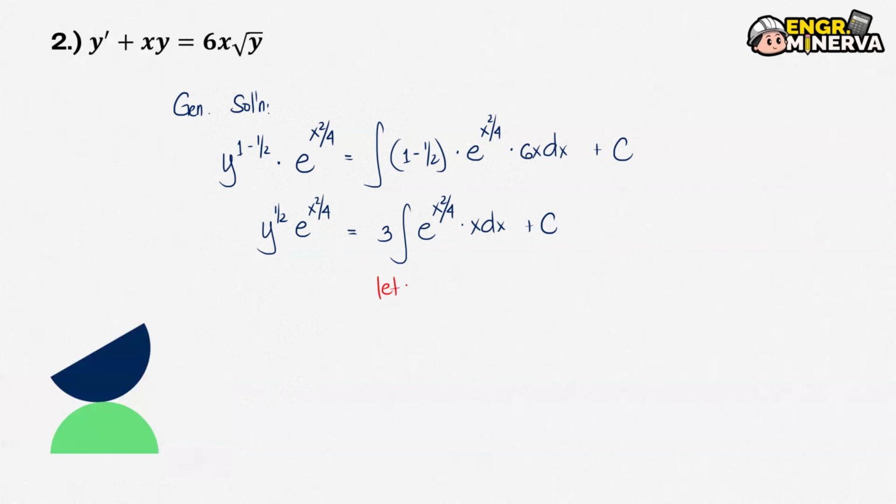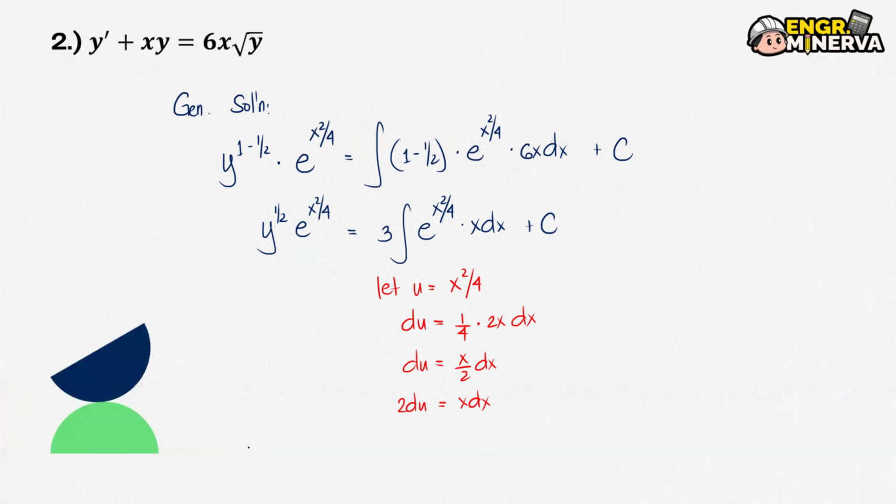If we let u equal x squared over 4, your derivative of u would be 1/4 multiplied to 2x, and that would be x over 2 dx. But we only have x dx here, so it means 2 du would be equal to x dx.